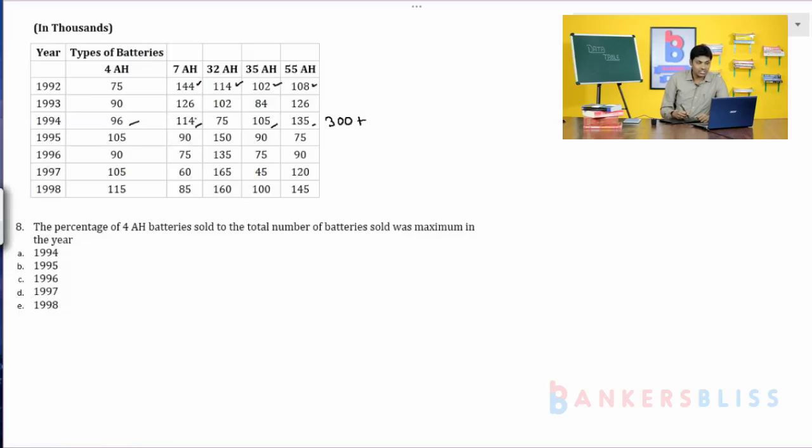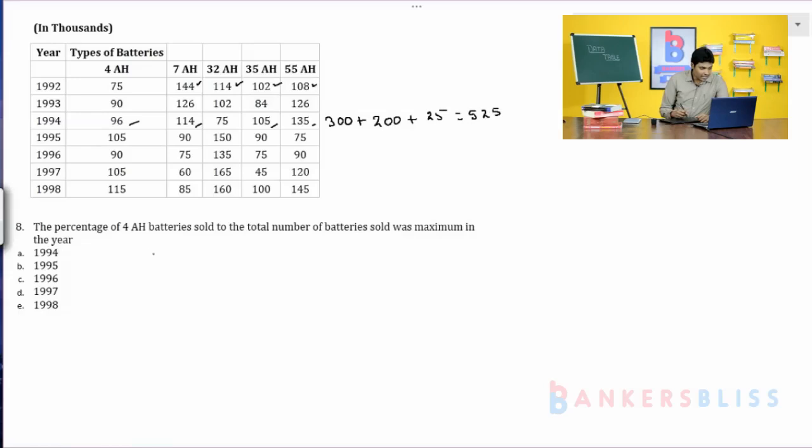So 90 plus 10, 100, 100 plus 70, 170, 170 plus 30, 200, plus next 6 plus 4, 10, 10 plus 5, 15, 15 plus 5, 20, 20 plus 5, 25. So which is equal to 525.